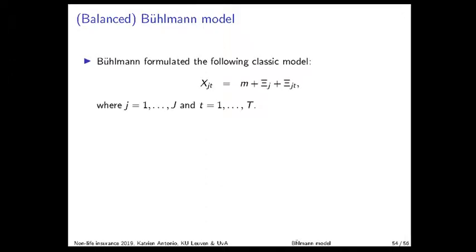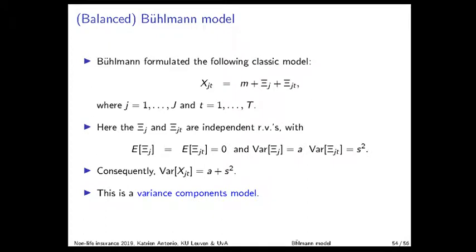In Bühlmann's model, we consider a random variable X_jt for contract j in time period t. We consider the balanced setting where all contracts are observed during exactly T time periods. And we express this random variable X_jt as m plus xi_j plus xi_jt. The latter are independent random variables with mean 0 and a given variance.